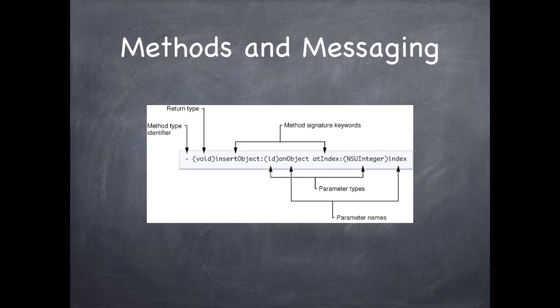So index would be an unsigned integer, NSUInteger type. And anObject again can point to any object. So those are the basic structures for declaring or writing a method in your header and your implementation files. The only difference is that the implementation file, which ends with a .m extension, is where you actually do your implementation.